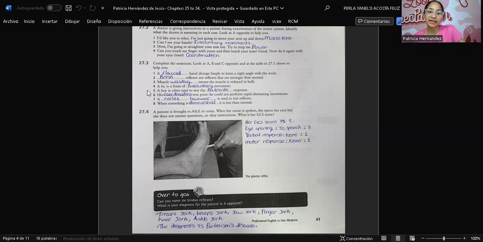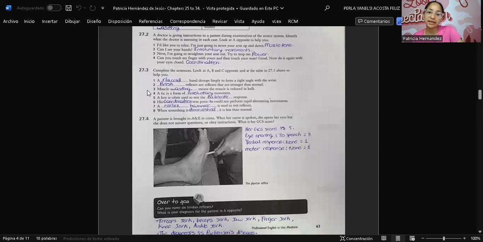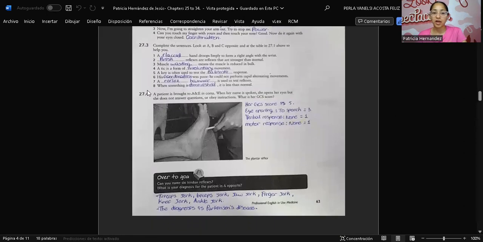Number 5, a key is often used to test the Babinski response. Number 6, his coordination was poor. He could not perform rapid alternating movements. A reflex hammer or a tendon hammer is used to test reflexes. And when something is diminished, it is less than normal.